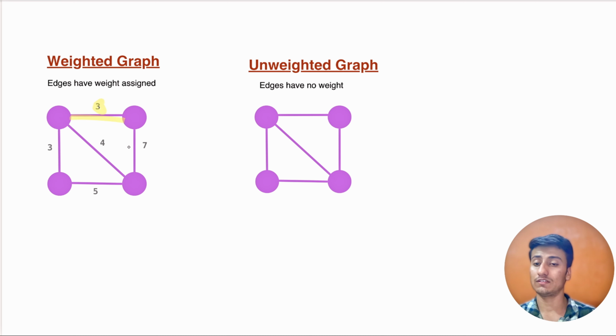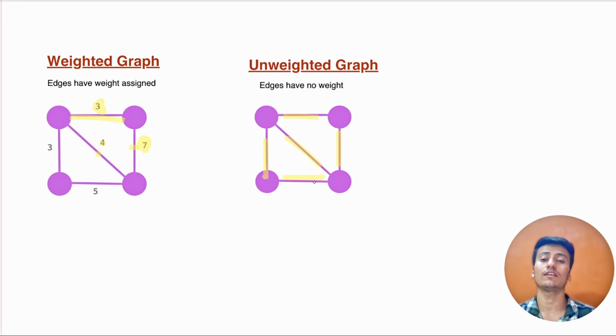Similarly, this edge has weight 7. This edge has weight 4. So each edge is assigned a weight. That is called a weighted graph. And as per the name, in an unweighted graph, there is no weight assigned to the edges. So we can also say each edge has a uniform weight.